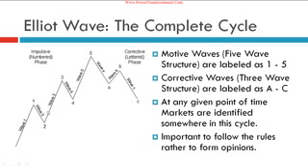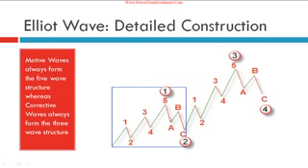Okay? But wave 2 corrects the wave 1 here. So whatever corrects, it always moves in a three-wave structure. So we get A, B, C for this second wave. Okay?